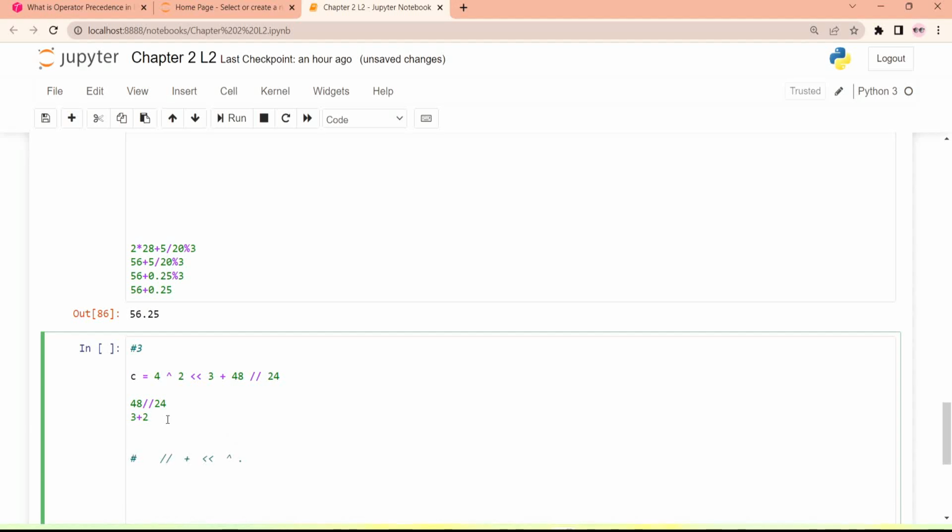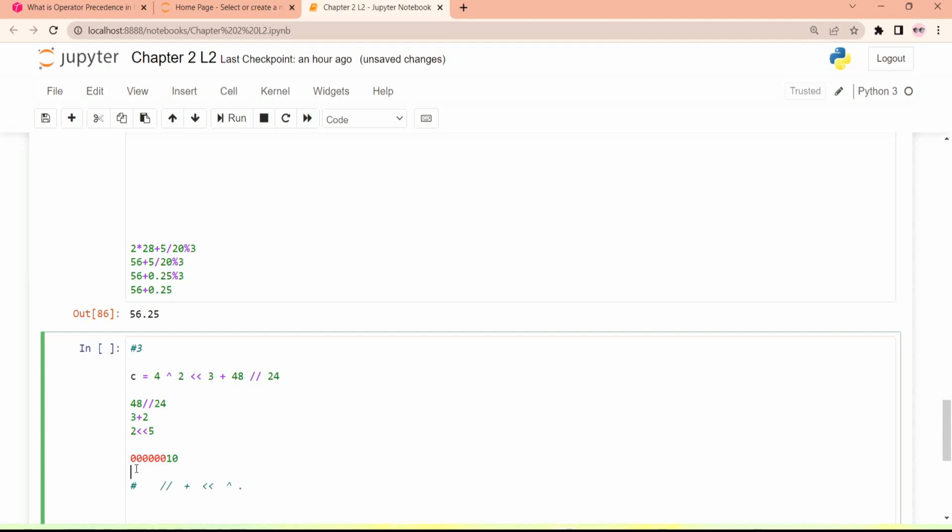Next step, 2 shifted by 5 bits. The meaning of this is, in 8-bit representation of 2, we have 0, 0, 0, 0, 0, 0, 1, 0. Shifting 5 bits towards the left, this becomes: first shift, second shift, third shift, fourth shift, fifth shift.